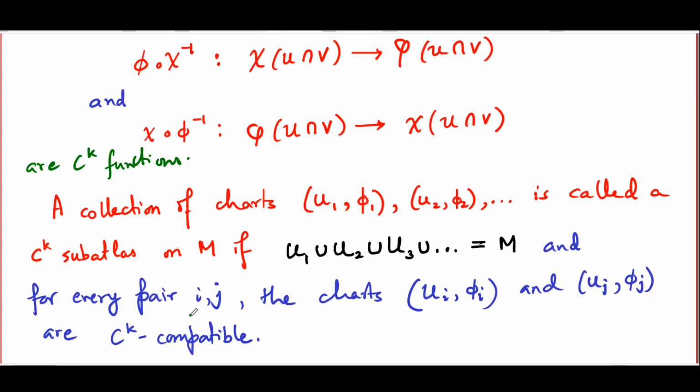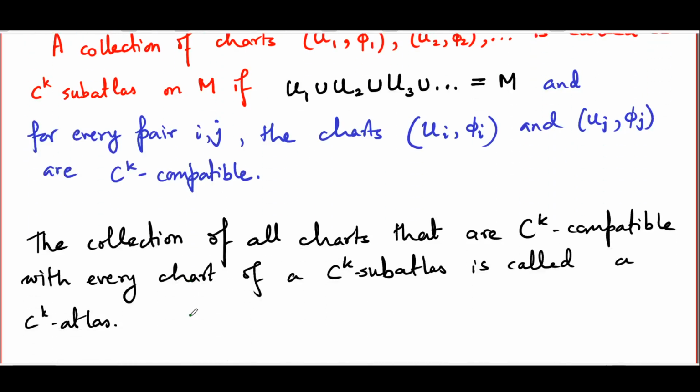And it is this C^k sub-atlas which allows you to do calculus on all of M. The actual differential structure that a given C^k sub-atlas implies is that you take all possible charts that are C^k compatible with every chart in the C^k sub-atlas, and you end up with a C^k atlas.